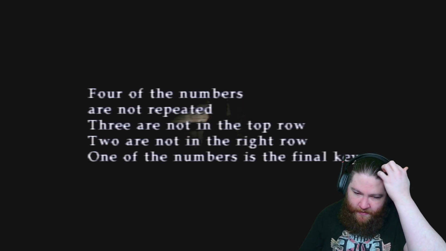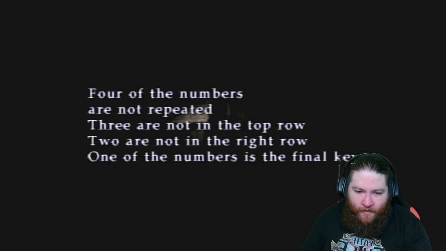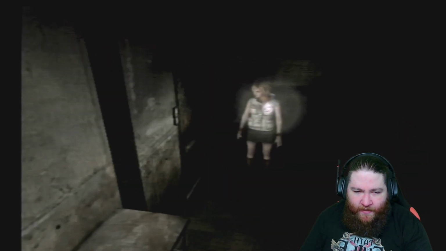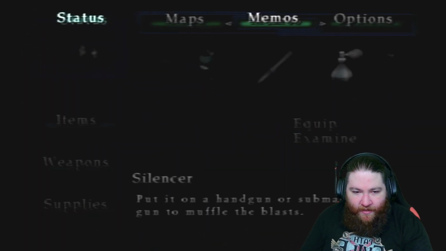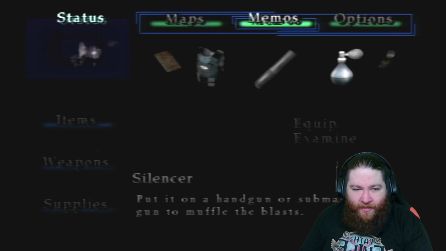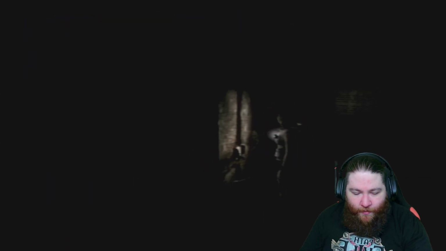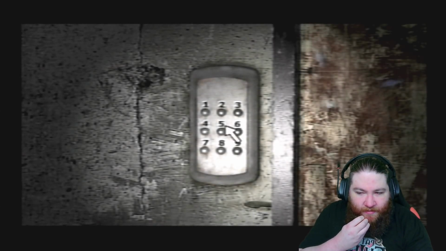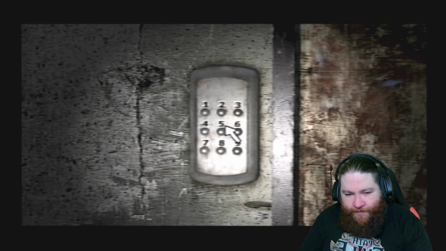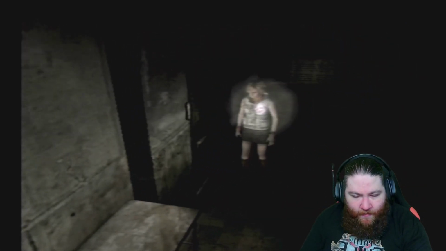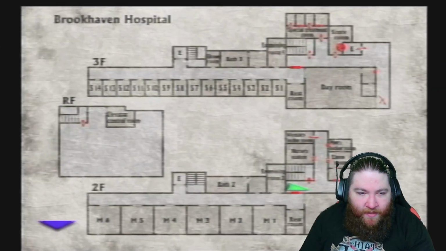Let's see. Yeah, I'm kind of stuck, because we have to get in here, right? The third and fourth, or the second and third floors are important. That's the only way we progress. But okay, let's check our map to see if there's maybe a room we missed.